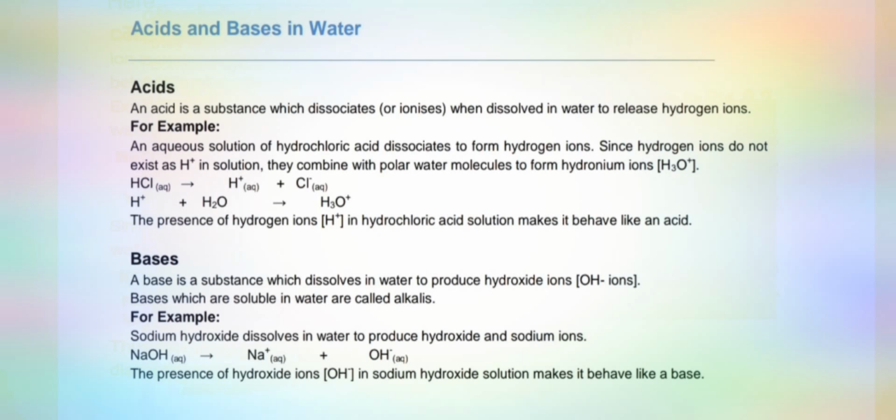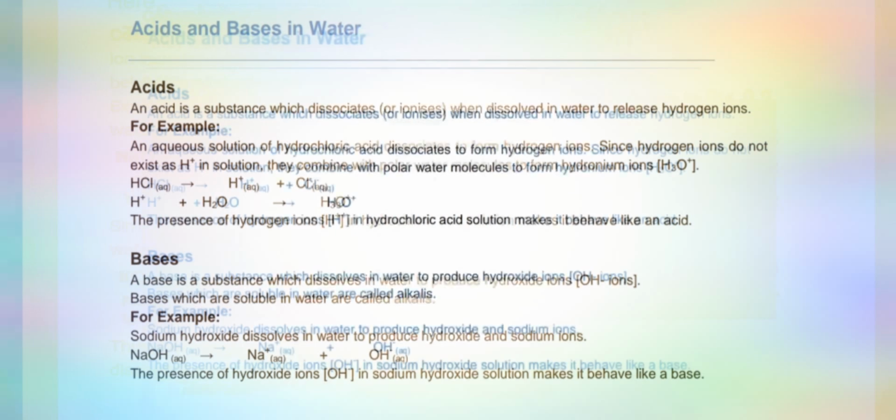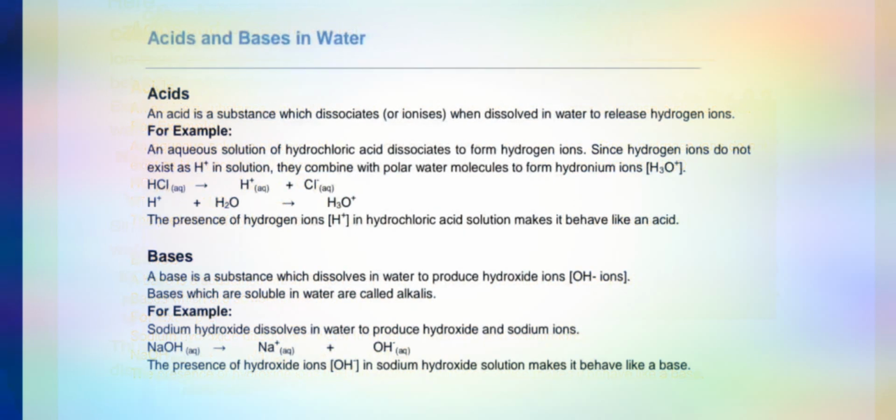The presence of hydrogen ions in hydrochloric acid solution makes it behave like an acid. Then what are bases? Similarly, a base is a substance which dissolves in water to produce hydroxide ions. Bases which are soluble in water are called alkalis. For example, sodium hydroxide dissolves in water to produce hydroxide ion and sodium ion.